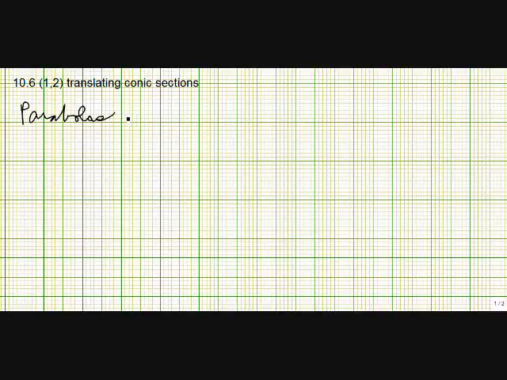So for parabolas, my basic forms are y equals ax squared and x equals ay squared. The y equals are the vertically oriented, the x equals are the horizontally oriented. We have known how to move those around the xy plane by moving the vertex. On these, the vertex is at the origin, 0, 0.